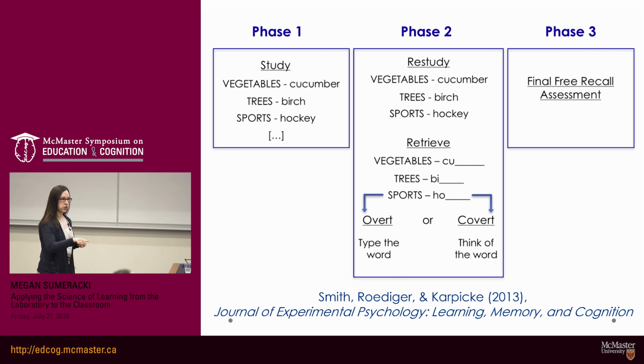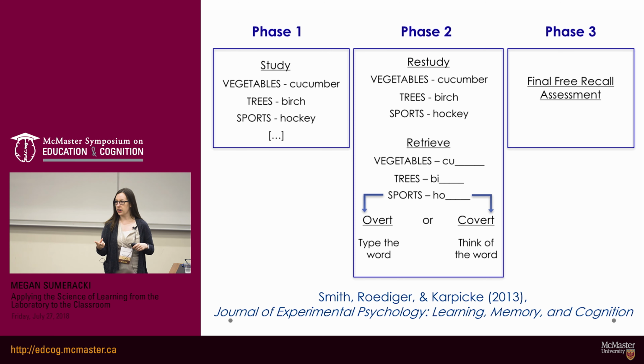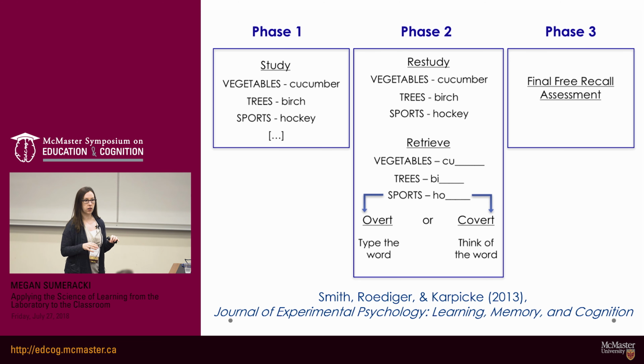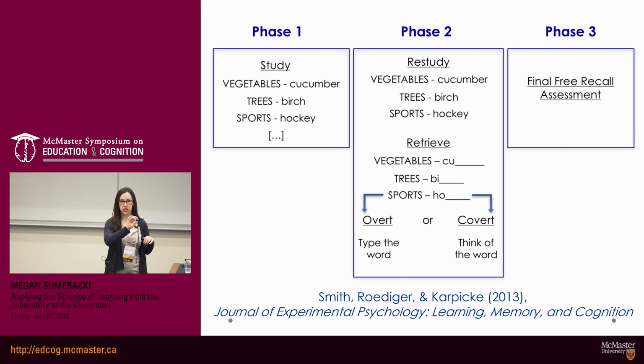So everyone is restudying some and practicing retrieval on others. But as a between subjects manipulation, some of the students are instructed to actually type out the word. So if they see vegetable and then CU, they're supposed to type cucumber. So they're overtly producing the information.